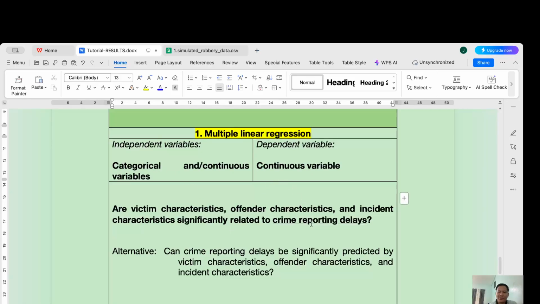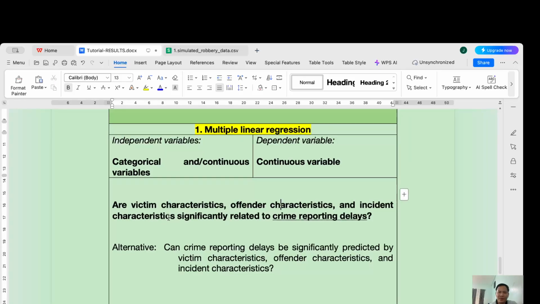In this demonstration, we use crime reporting delays as the continuous dependent variable, and the independent variables are the victim's characteristics, offender characteristics, and incident characteristics.